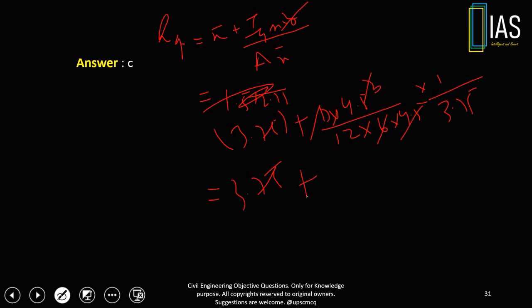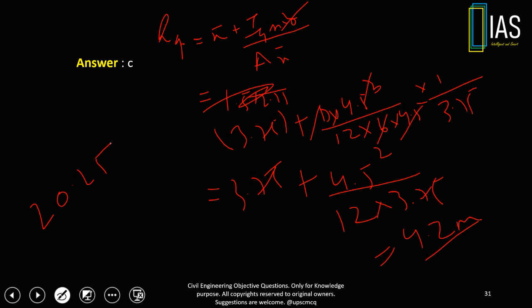3.75 plus 4.5 square divided by 12 to 3.75, it should come out to be 4.2 meter. First of all, it will be 4.5 square, that is 20.25 divided by 12, and it should come around to be 20.25 divided by 3.75.